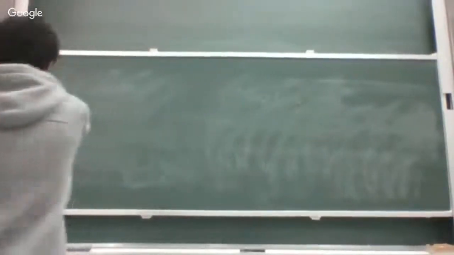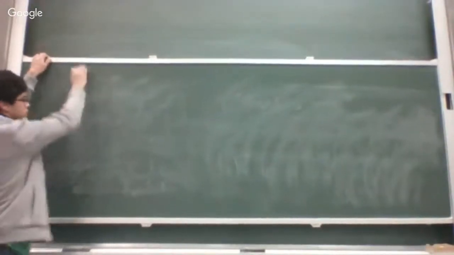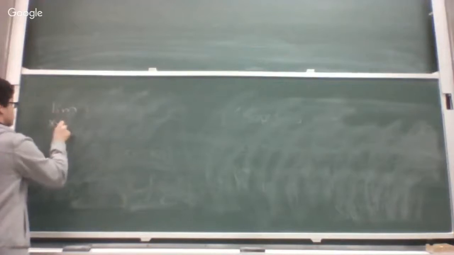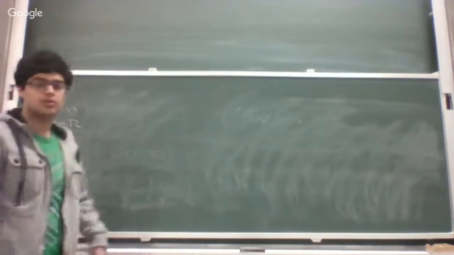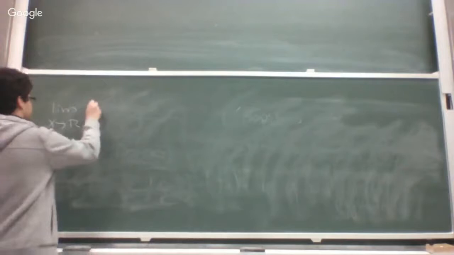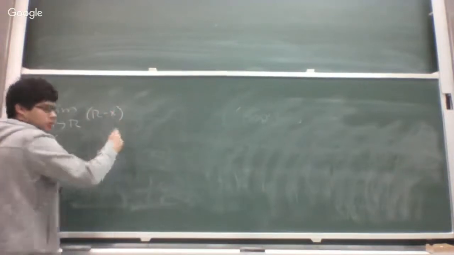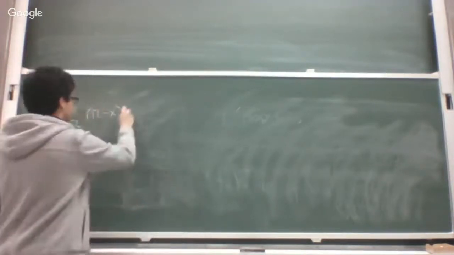Okay. So for this example, we have the limit as x approaches pi of pi minus x times cotangent of x.